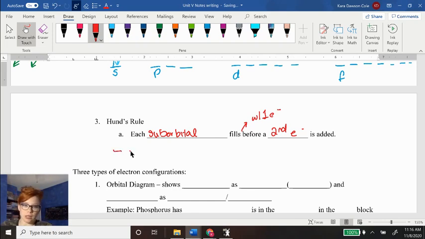If I've got a p orbital here, and I've got 3 suborbitals within the p, because p can hold up to 6 electrons, so it has 3 orbitals that have different positions around in the 3D structure. So when p is being filled, let's say you have 3 electrons that you need to add to the p orbital.